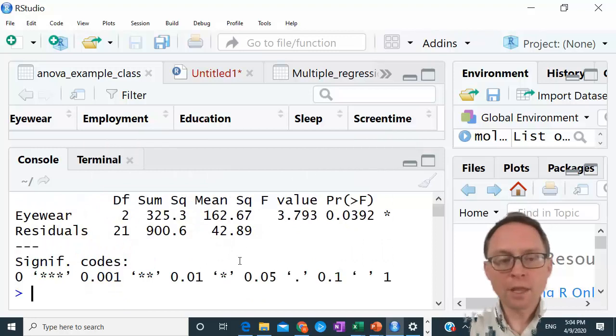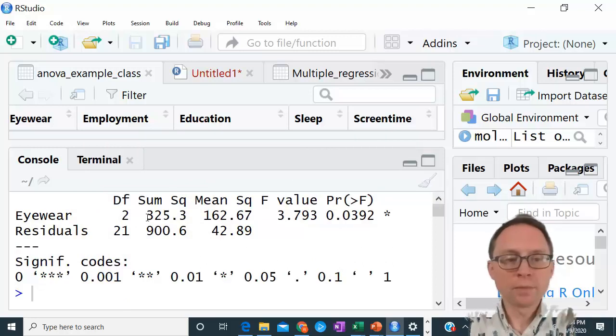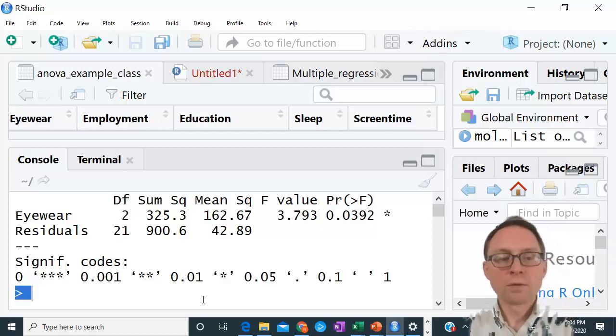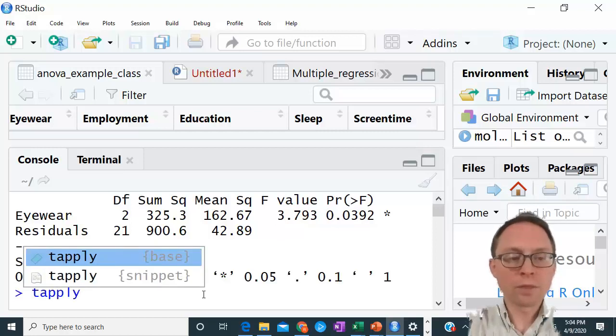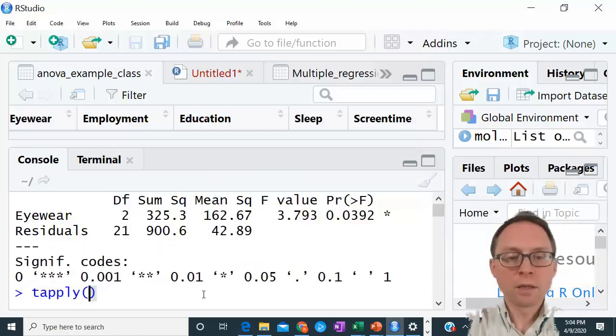When I do that, here is all the information that I need. Here's the sum of squares between. Here's the sum of squares within. This is the mean square between, mean square within, degrees of freedom between, degrees of freedom within. Here is the F value and the P value right there. Just to remind you, if you want to look at the means, then you can't just write mean. It doesn't work that way because you got to split it, right?